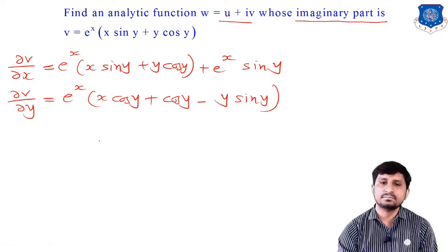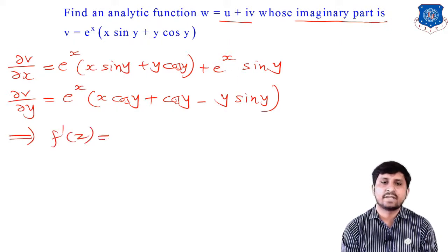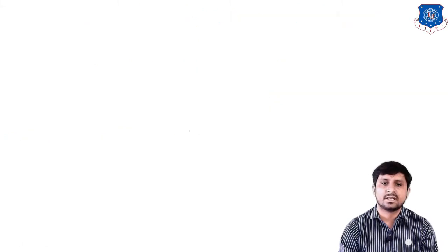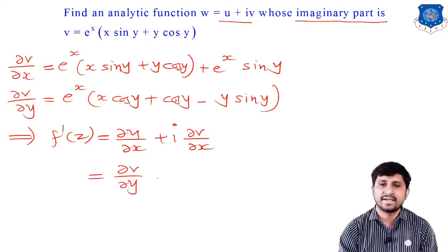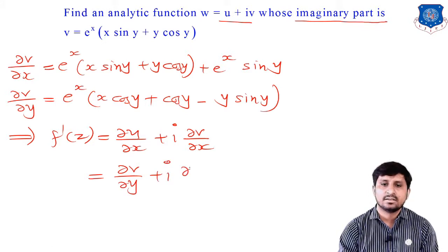And now what is my f dash z? f dash z is del u by del x plus i del v by del x. Instead of del u by del x, I can write del v by del y, using the CR equation. Now put the values.